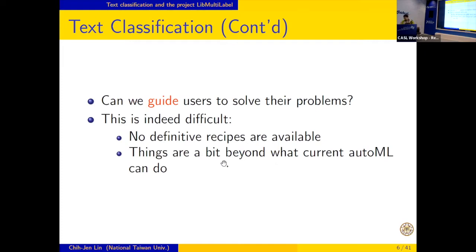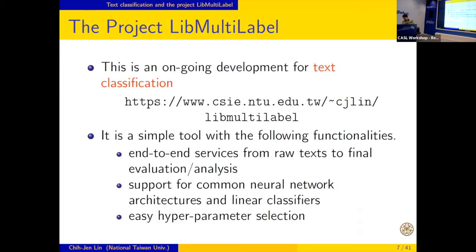This is a little bit beyond what the current automated machine learning can do. For automated machine learning, usually we need, for example as in the first talk this morning, a black box function. But now it seems I don't really have such things.